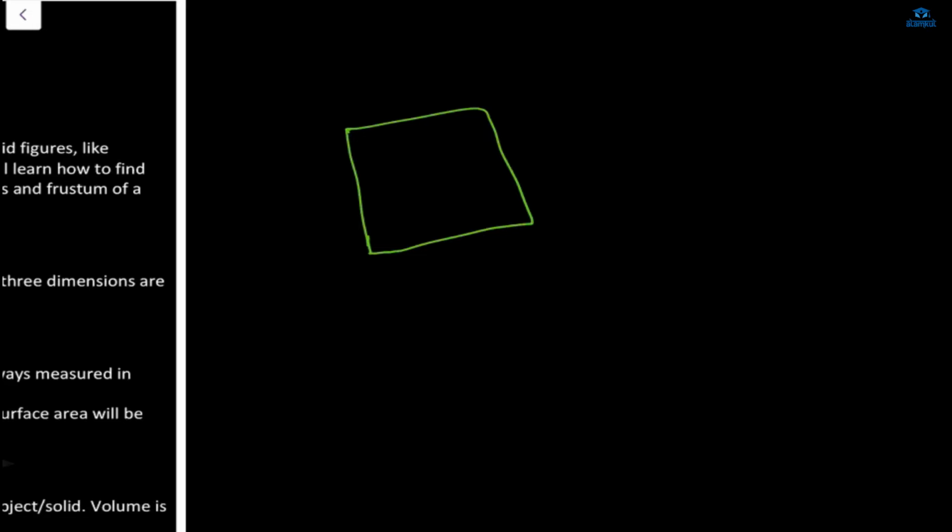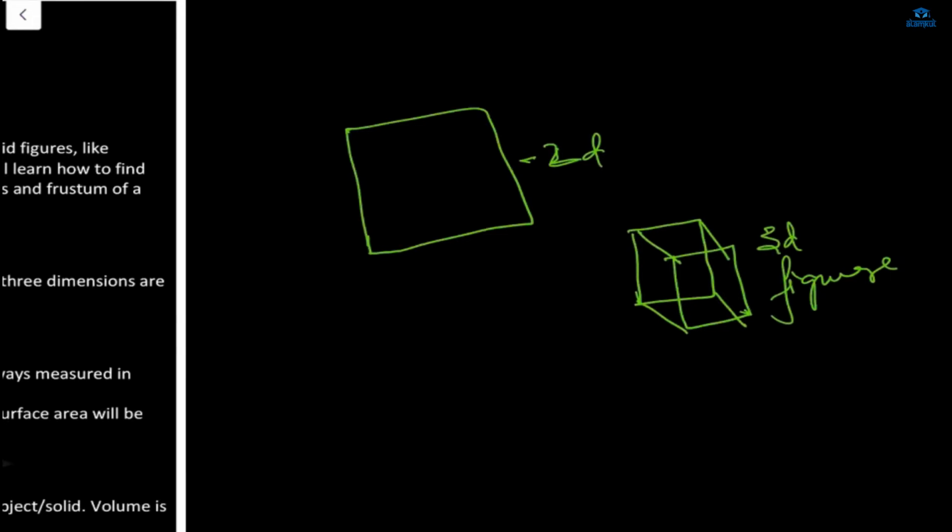Volume comes into place when there is a three-dimensional figure, like a cube. Here the surface area is also a little different, because so many faces are there; it is not in a single plane. This is a 2D figure, and this is a 3D figure. Apart from length and breadth, height also comes into play.